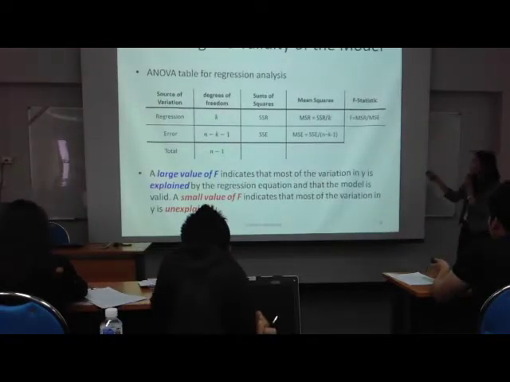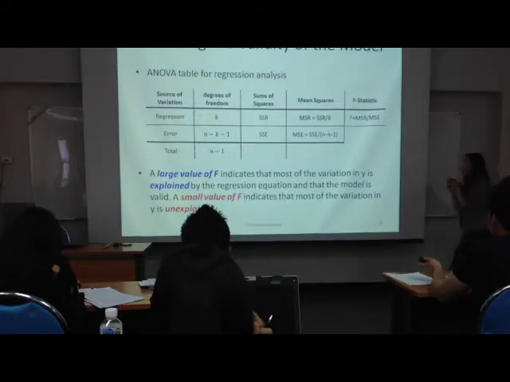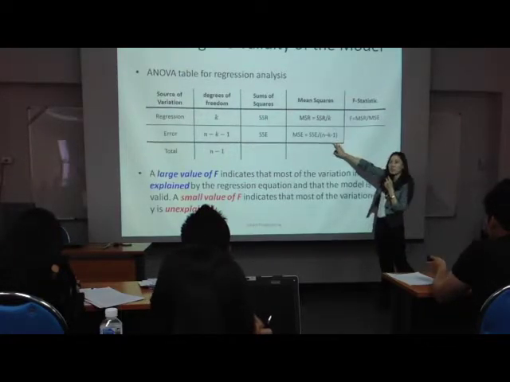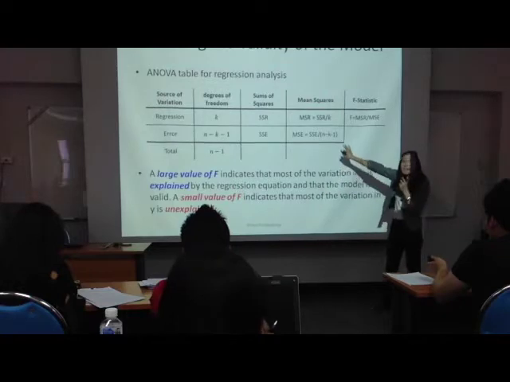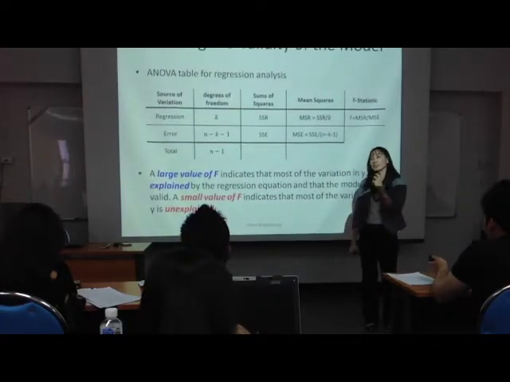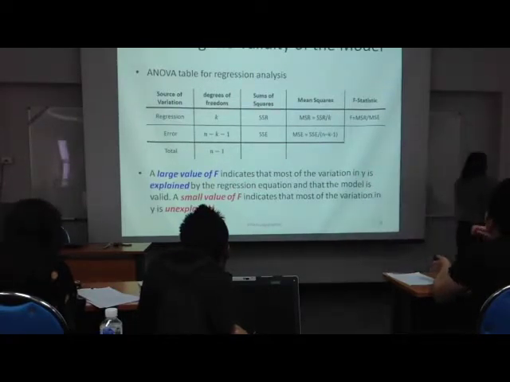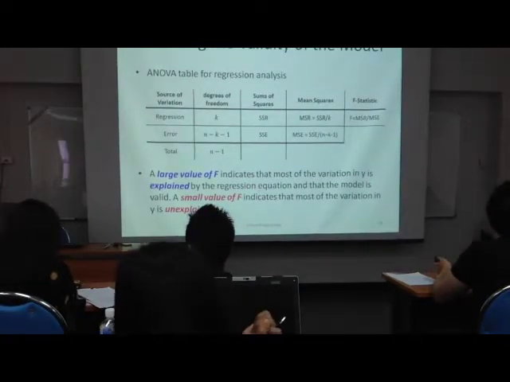The F test statistic comes from MSR divided by MSE. And we have learned that MSE is the estimate of the error variance.